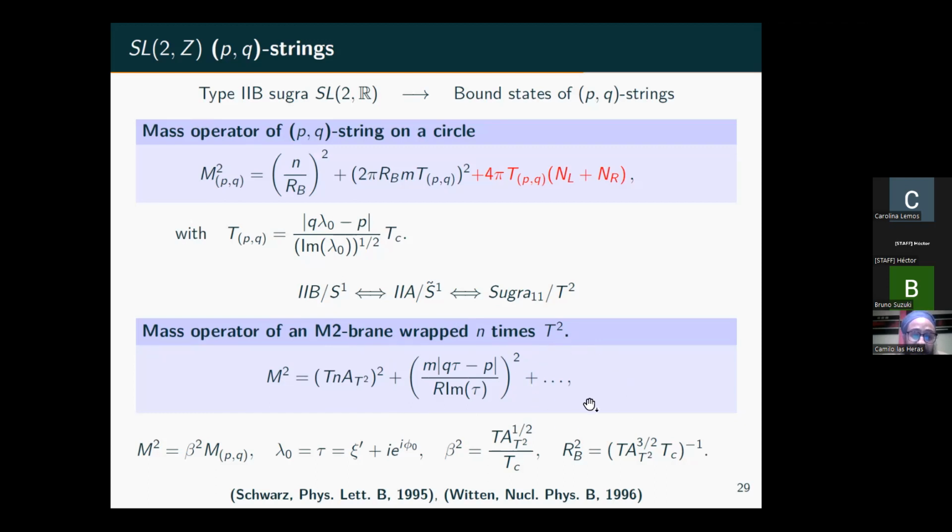And he mentioned that there are supposed to be other terms here that he was not able to compute in the 90s.